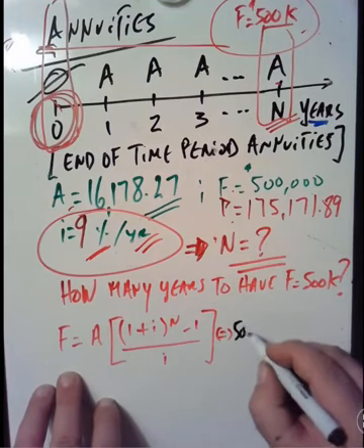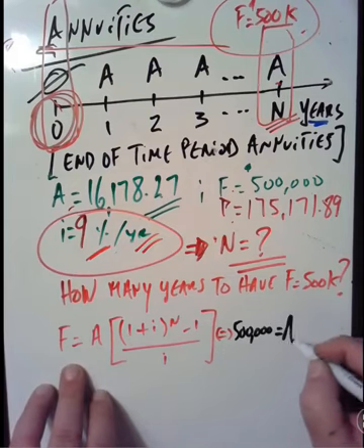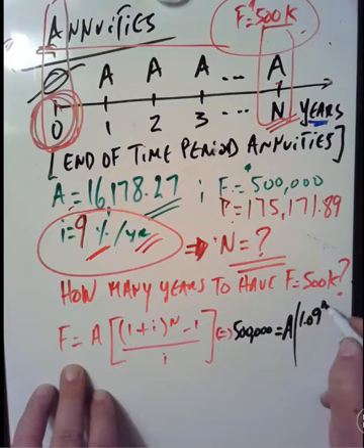So it's 500,000 equal to, how much is the annuity, given the interest rate of 9%, and this will be to the power of n. I'm trying to figure out what the n is.